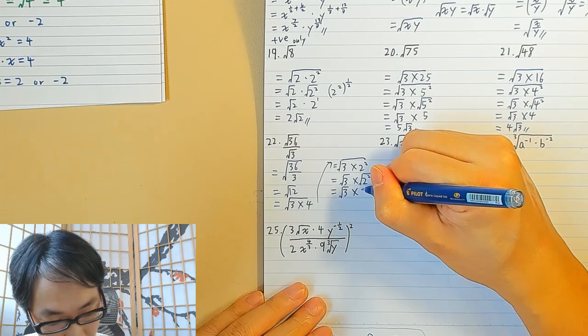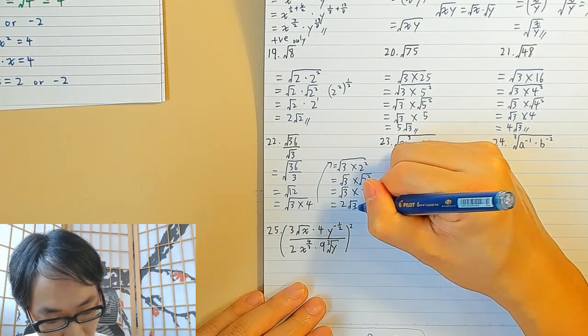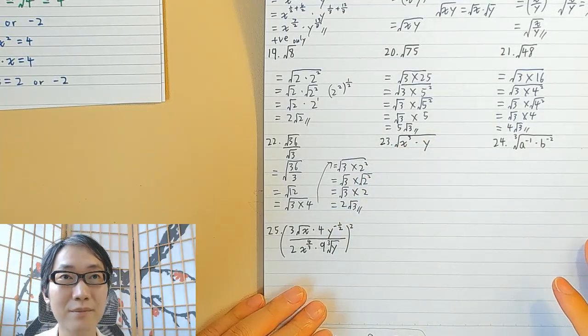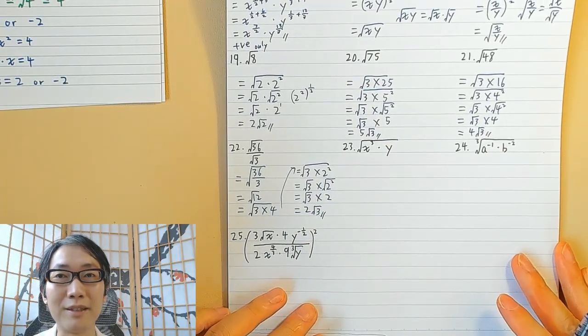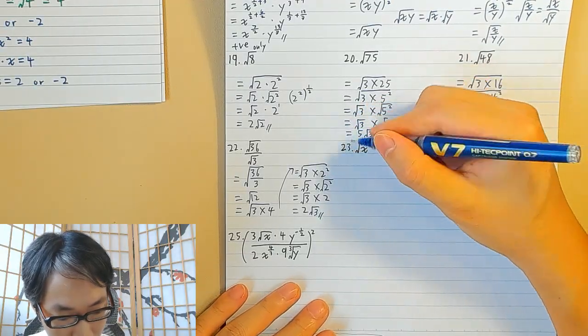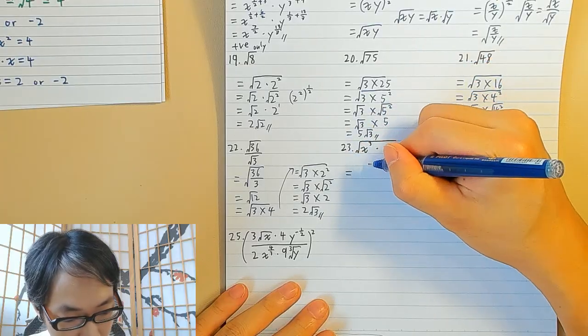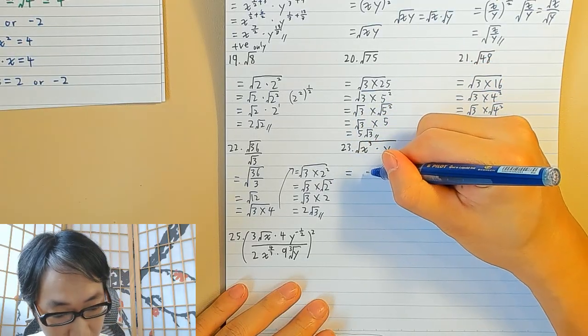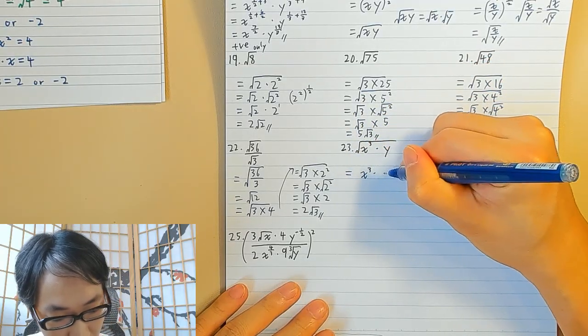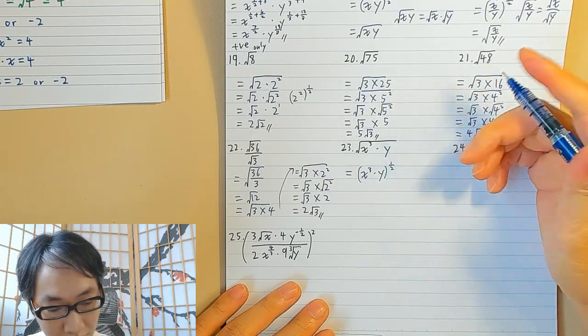Times 2. So 2 to the square root of 3, and 23. This will be equal to, distribute the third, which is an indice. So let's turn it into indice, the same expression.